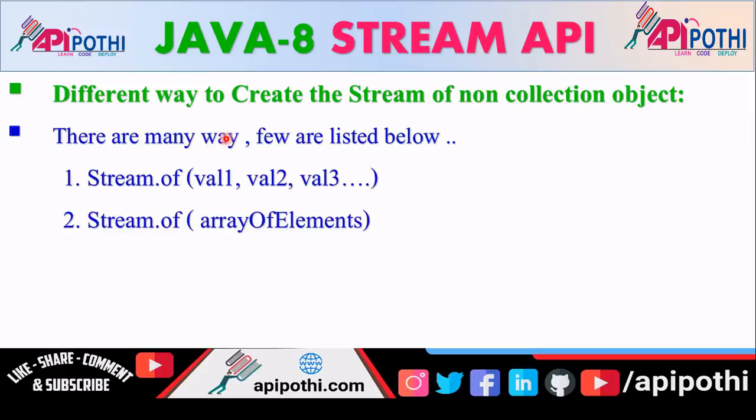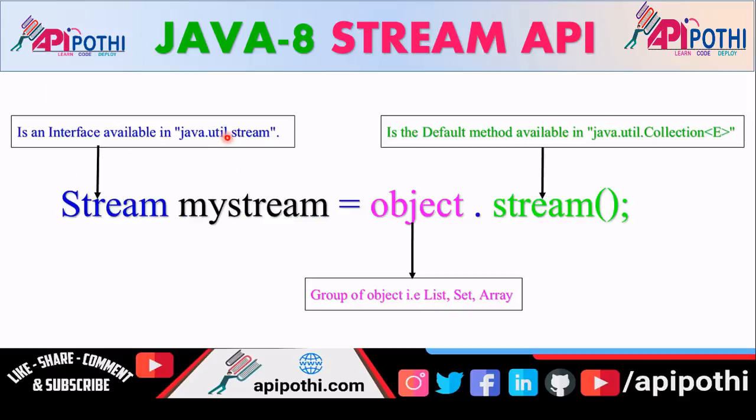Fine. Now, how to create the stream? Suppose you have an object which is list type, set type, or array type, we can easily push that data inside the stream. But there are also chances that you won't have the data as list, set, or array. That data you need to explicitly create so it is accepted by the stream.